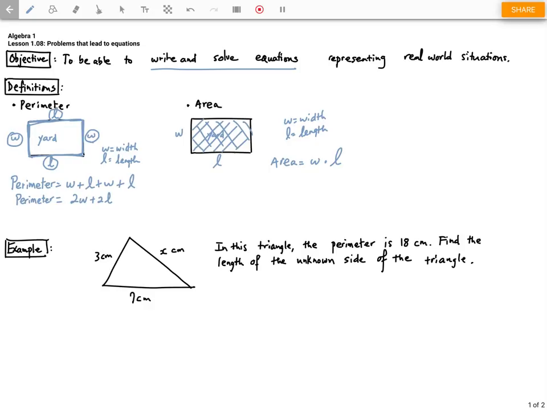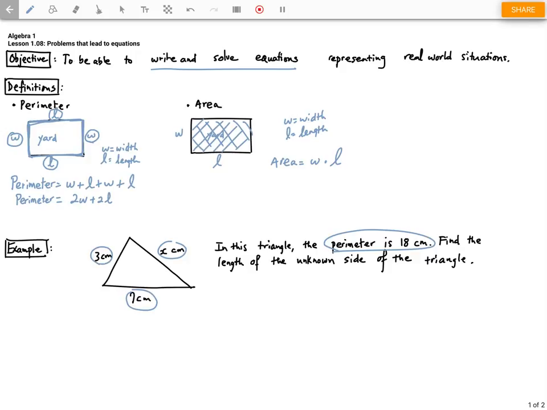Assume we have this triangle with lengths 3 centimeters, 7 centimeters, and X centimeters. And the perimeter is 18 centimeters. Find the length of the unknown side of the triangle.